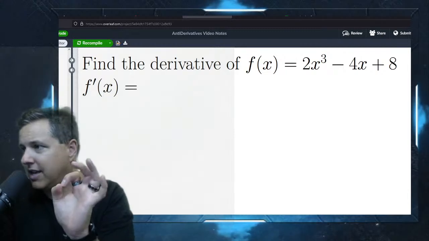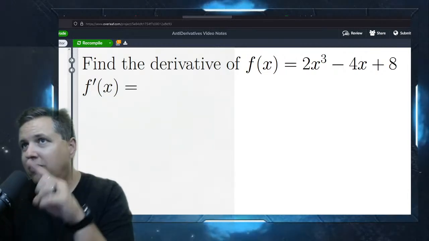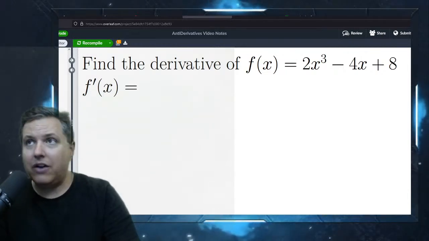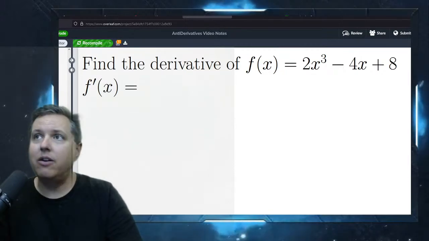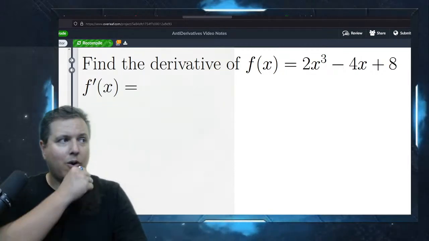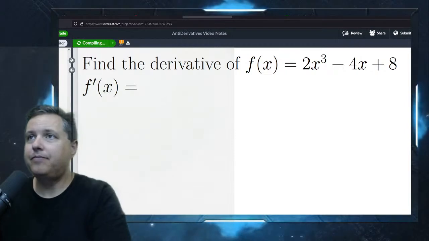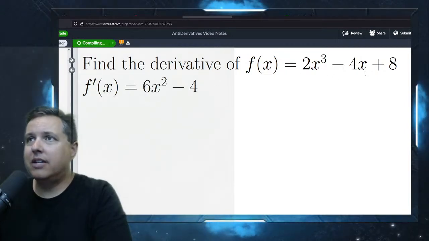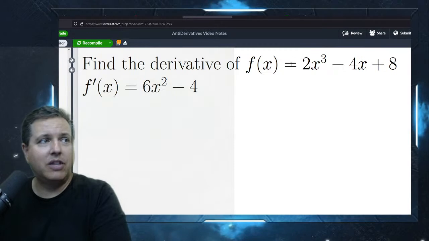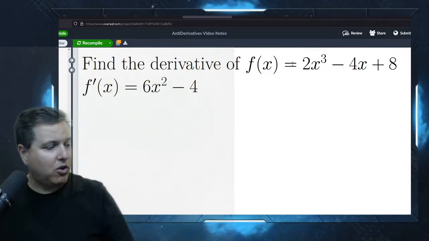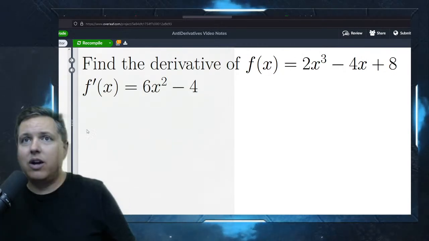We should all get the same exact answer when I say find the derivative of this. We should all get that this is 6x squared minus 4. Right? 6x squared minus 4 is the derivative of this thing. We all get the same answer. We're all in agreement about what's going on here.